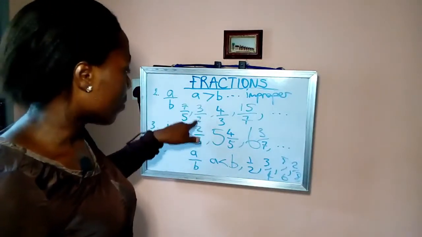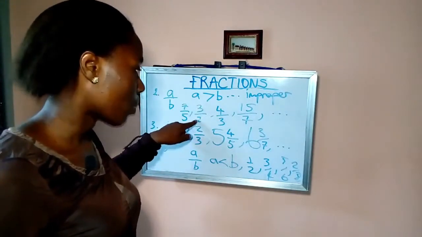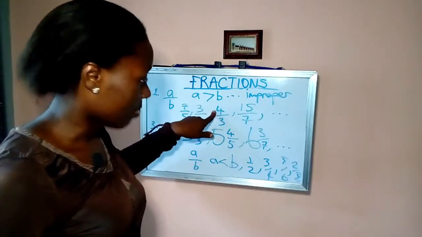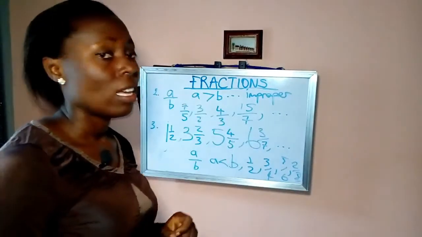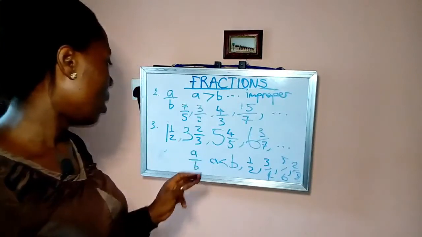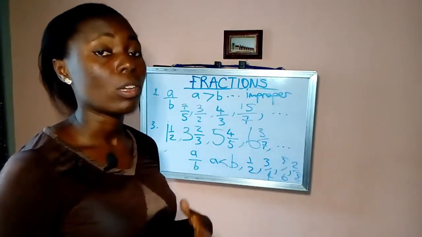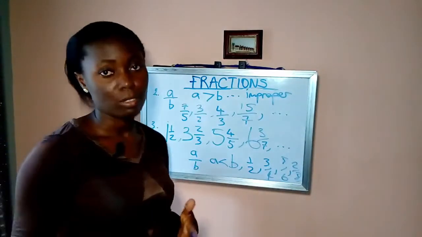Another example, 3 over 2. 2 is smaller than 3, so this is an improper fraction. 3 is smaller than 4, it's an improper fraction. And 7 is smaller than 15, it's an improper fraction. The third one we saw was mixed number, which only occurs when you have a whole number and a fraction.